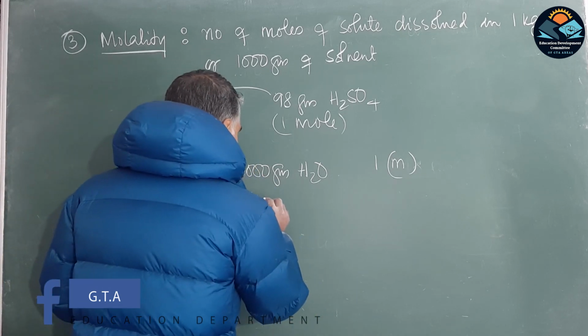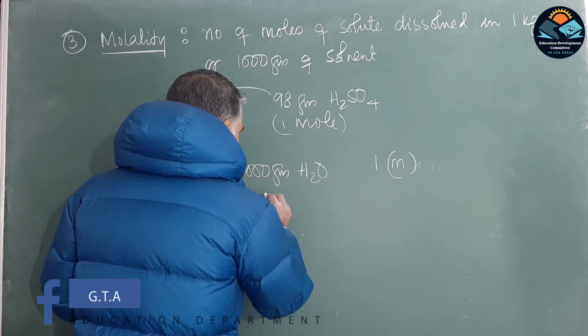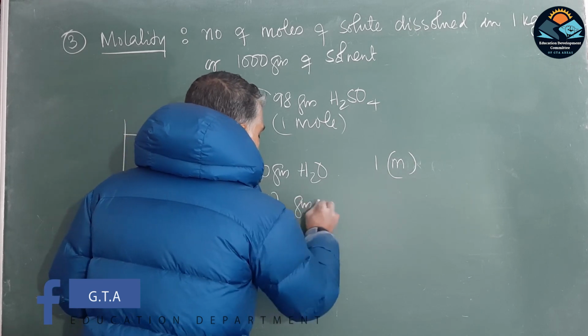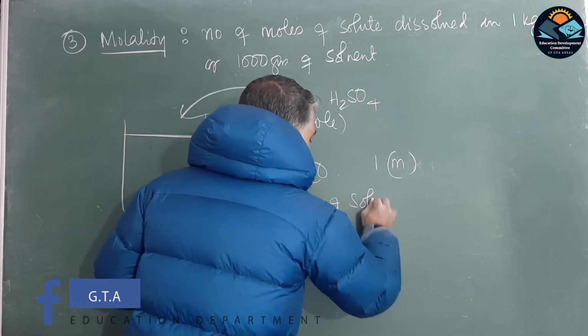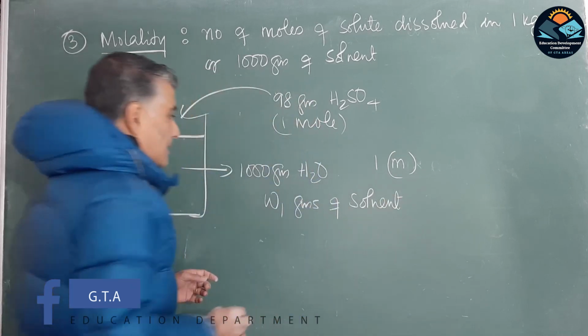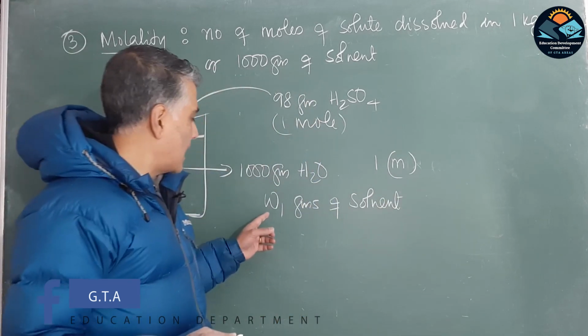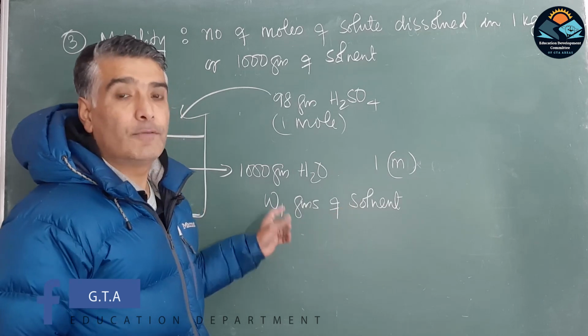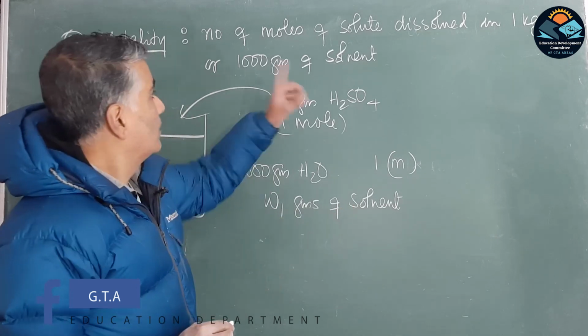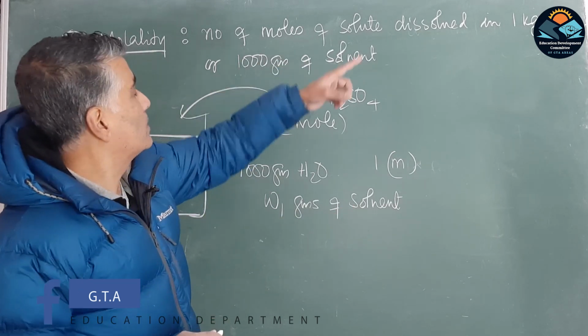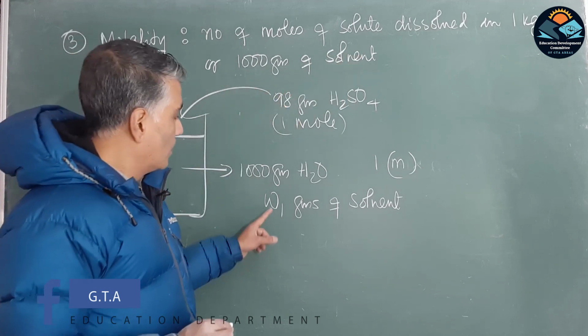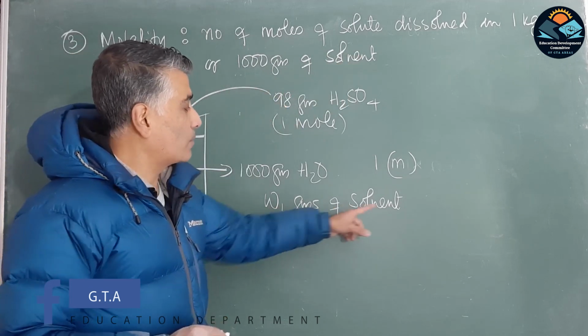The formula is going to be like this. First look at it. I've got W1 grams of solvent. Earlier, in the case of molarity, I started with V1 liters, because there the volume of the solution was required. Here there's no volume anywhere. You see, number of moles in 1 kg, so there are only masses. So I've taken W1 grams of solvent.